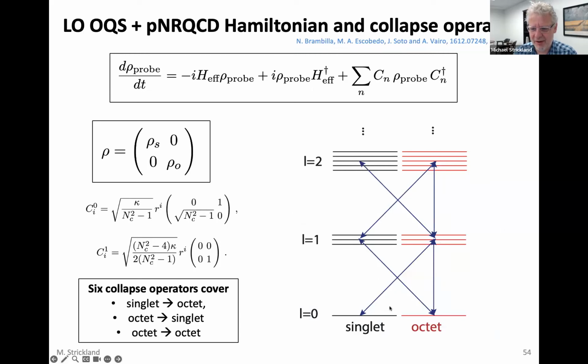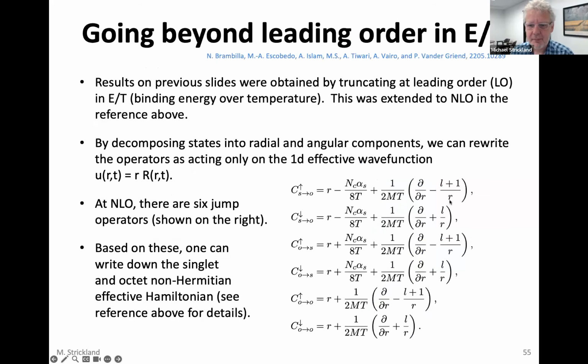The jump operators tell us how to evolve the system when we absorb or emit a gluon in the system. And it can do a complicated dance between all possible angular momentum transitions as long as you go in steps of 1, and all possible or allowed color transitions.